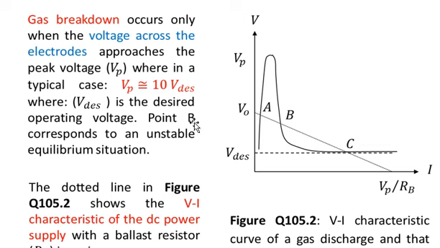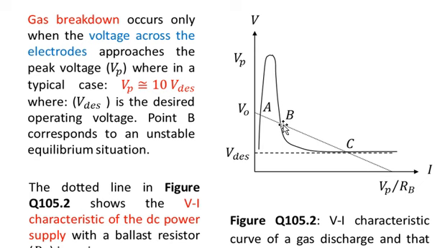Point A and point B correspond to an unstable equilibrium position, especially point B, because you know that gas breakdown occurs only after the peak point, and after the peak point the curve goes over here. There is a point B lying at the intersection of this straight dotted line and the solid curve.